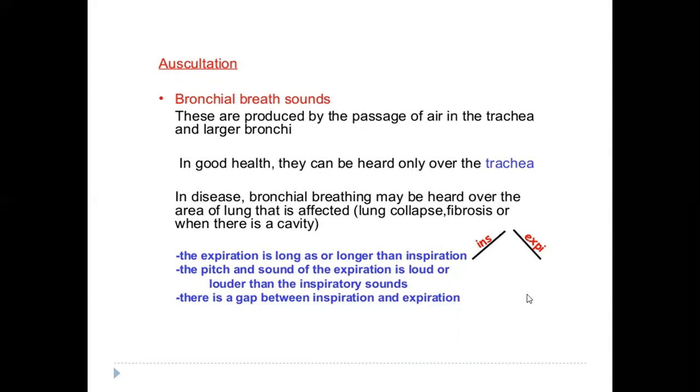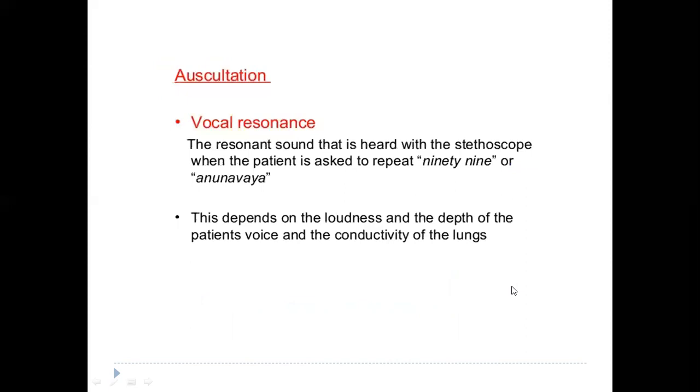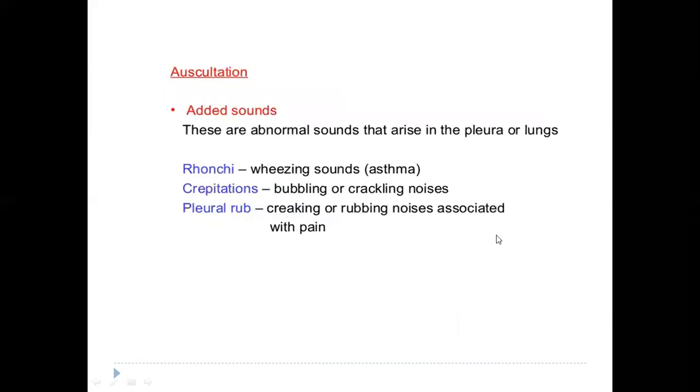There is a gap between inspiration and expiration. Then there is vocal resonance. As I told you before, we ask the patient to say 99, and with the help of a stethoscope, we try to hear the vibrations. Now there are added sounds also like rhonchi, crepitations, and pleural rub. All these are abnormal sounds.